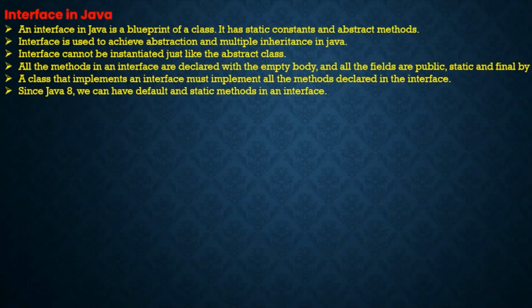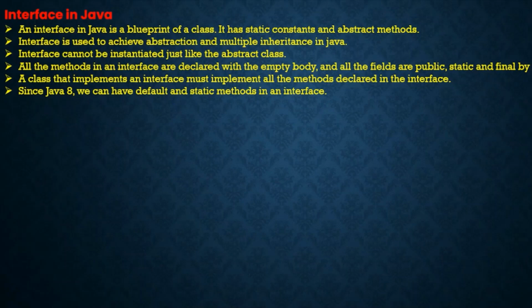And there is another version that comes in Java 9. An interface can contain private methods also. That Java 8 and Java 9 I will discuss in a separate video. I have started with the playlist called Java 8 features. You can check it out. There I will cover this point.